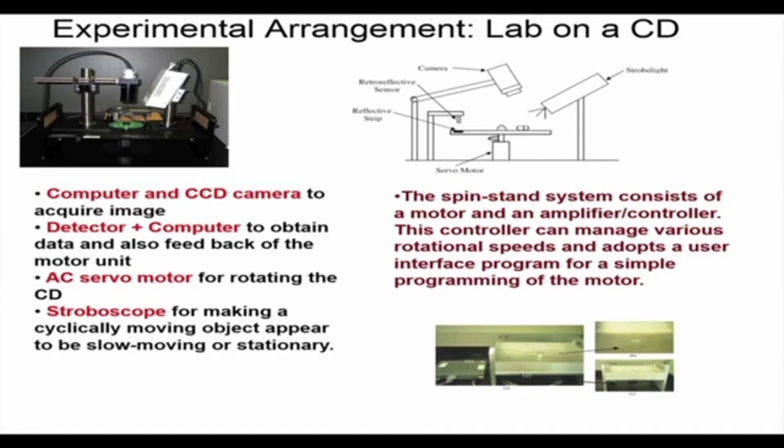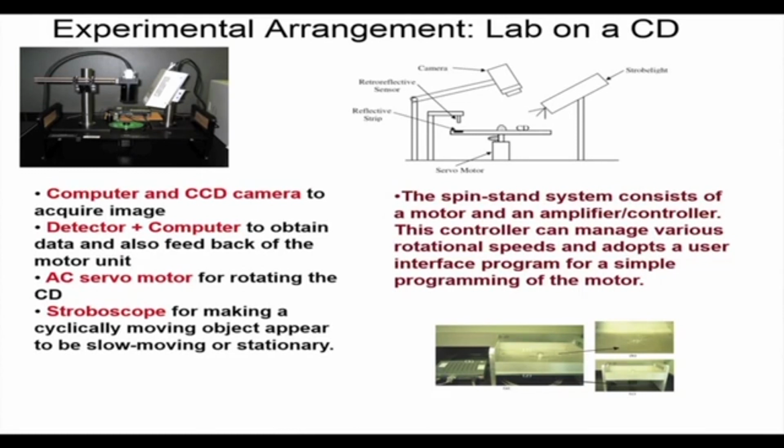So light flashes on that and then it gets reflected, and once in a cycle this process is analyzed by the stroboscope. So once in a cycle, the same point is actually repeated, because after one complete rotation the same point comes back to the same place.